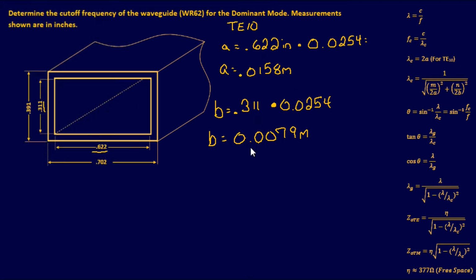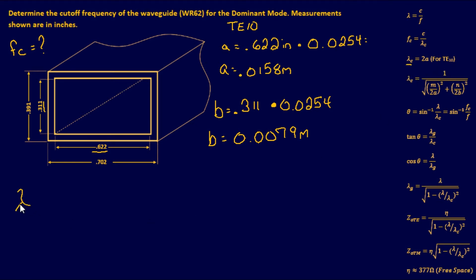All right. So now we have A and B in meters. So that's already a great start. We want to find the cutoff frequency. Well, looking over here, I can find the cutoff frequency by finding the cutoff wavelength. To find the cutoff wavelength, I can use that equation right there, since it's in TE10 mode, or the dominant mode. So I'll just bring it down here.